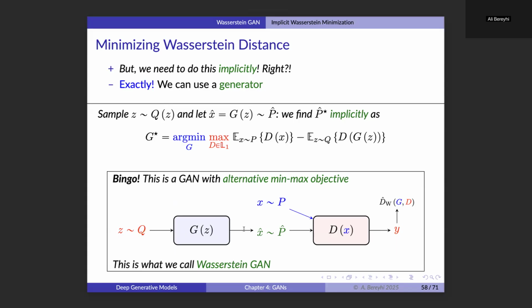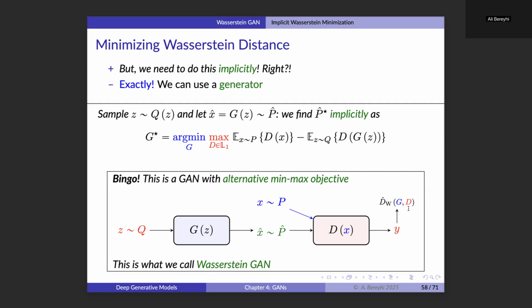We're going to pass it through a generator. We get a sample from the model. So this is a very easy thing to do. I also have data samples, which is my training samples. Now I'm going to give all of these samples into my discriminator, and out of the output of this discriminator, I can estimate the Wasserstein distance between P and P hat.